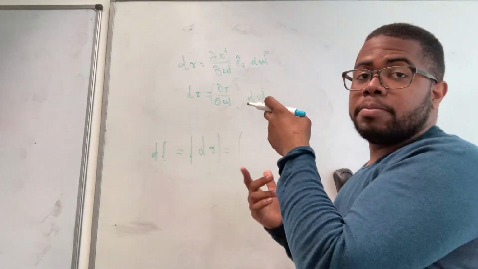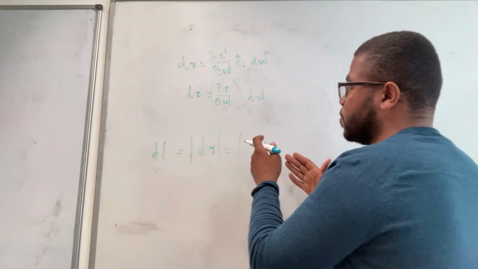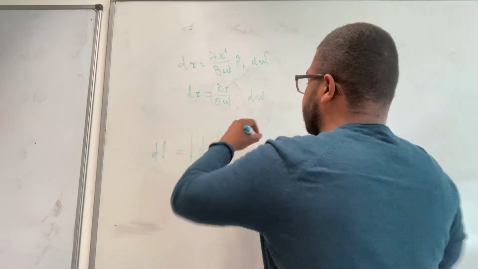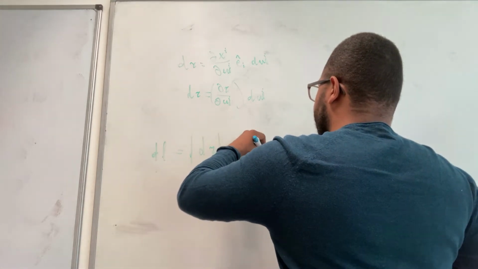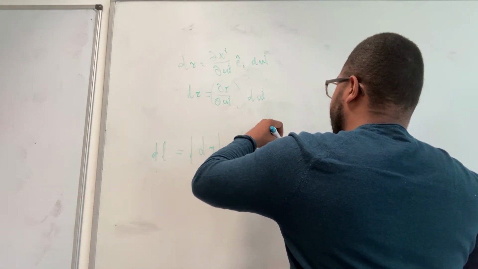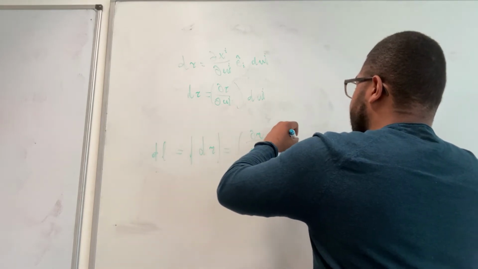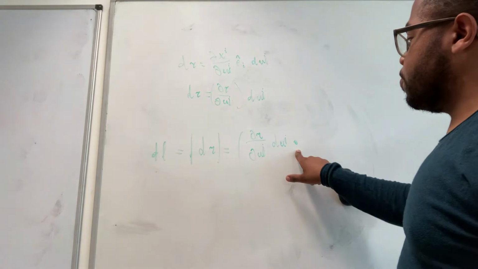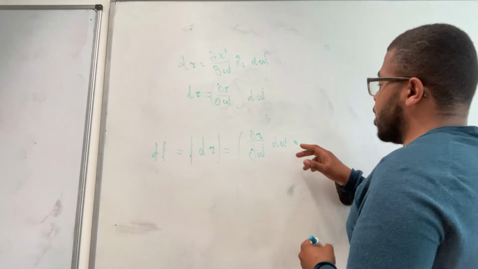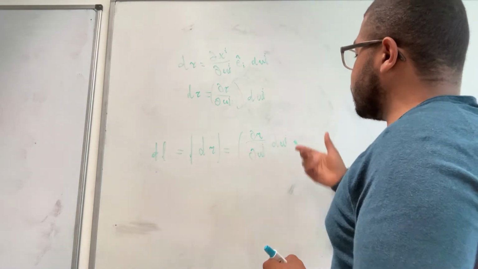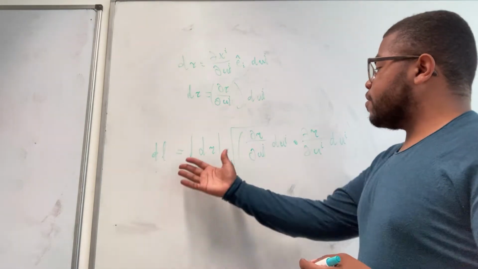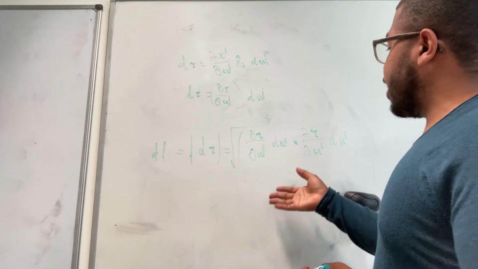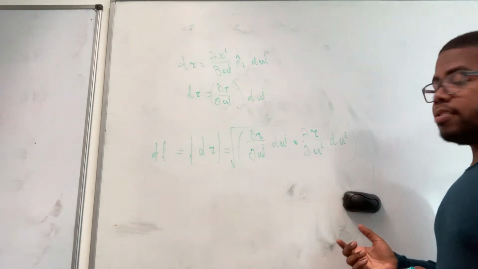So instead of j, we have to have something else. So we have our first bit right here: the partial derivative of r with respect to uj multiplied by duj, dot. We have to now take the same thing right here and use a different index. So this should give us the metric for any given arbitrary coordinate system.